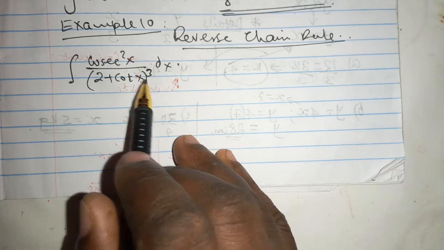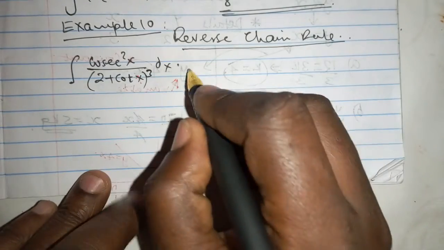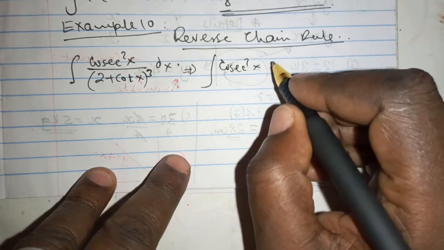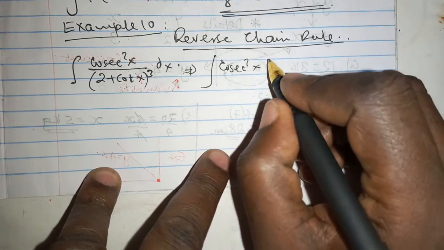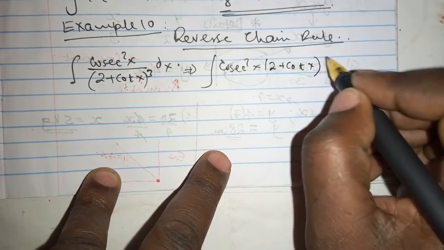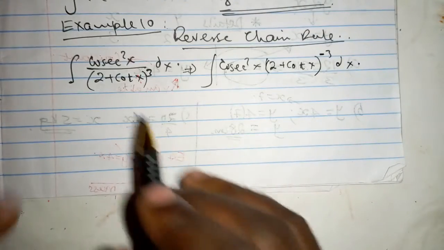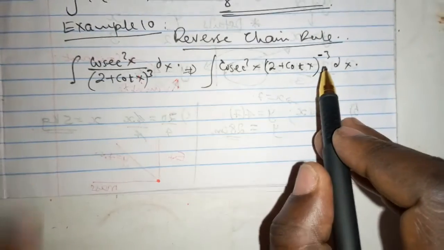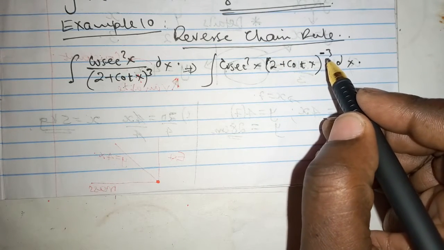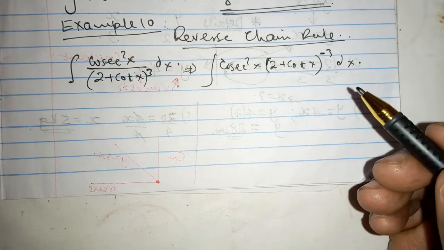So we must consider this to be the integral of cosec squared of x multiplied by (2 plus cot x) to the power of minus 3 with respect to x. Now we have brought the denominator to the numerator position using the law of indices, where the index is just minus 3.